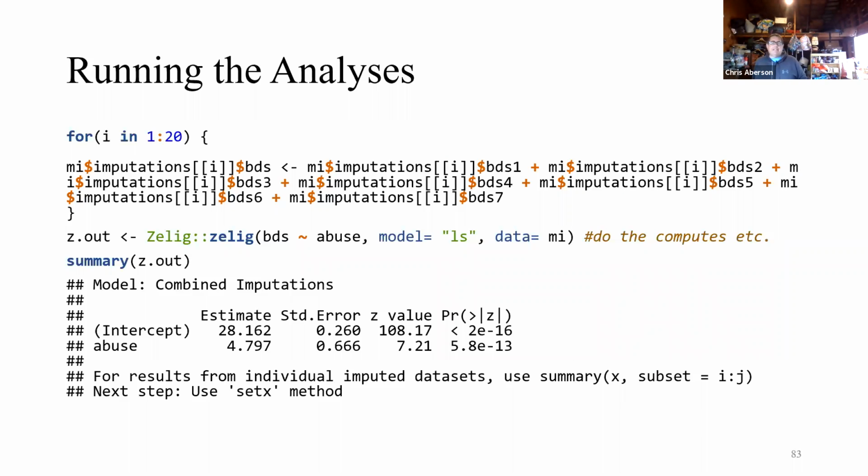All right, running the analyses. This piece here is a loop. I'm having R build a variable called BDS inside of my imputed data set. That's just a sum of all of those individual depression items, much like you would do when you've got your own scale.